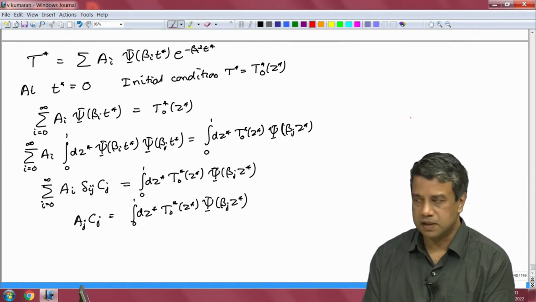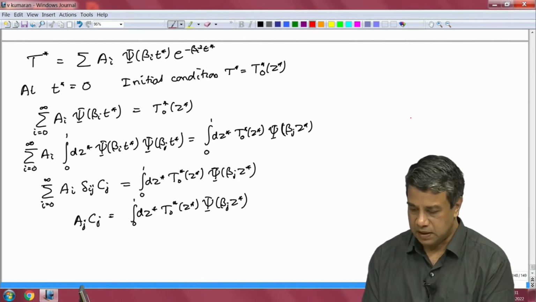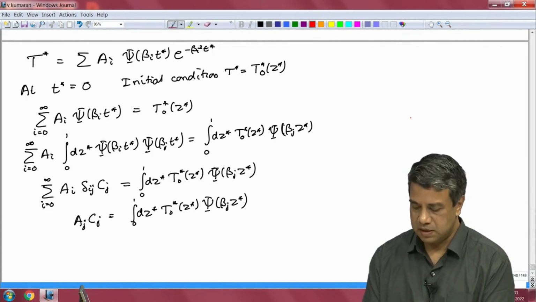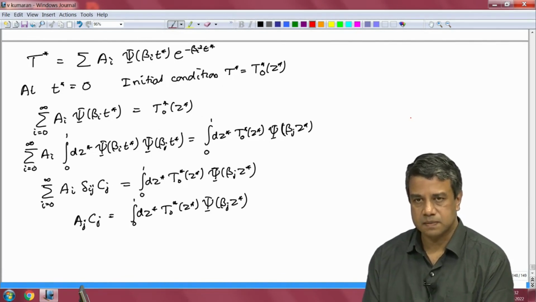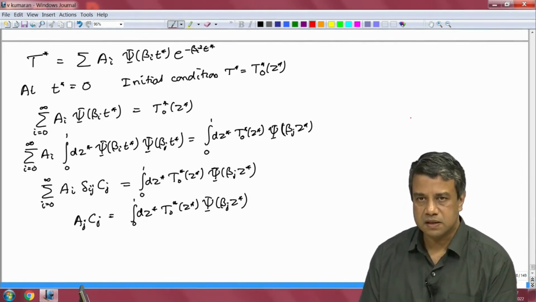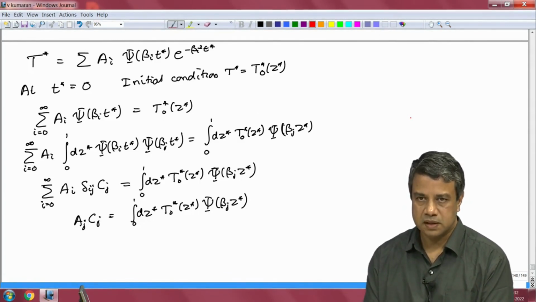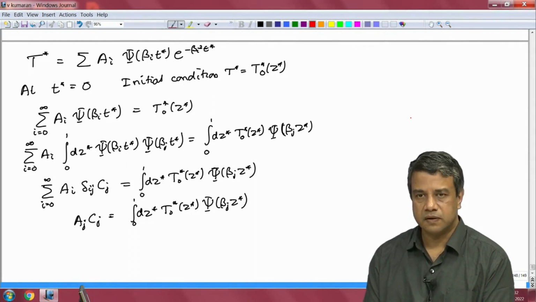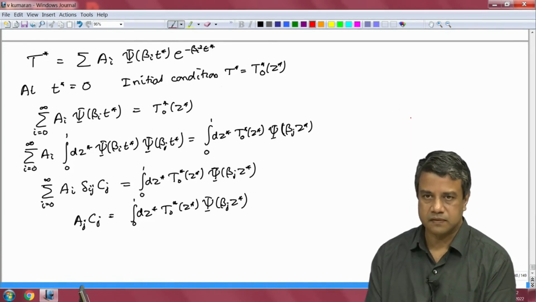This beta i and beta j are what are called eigenvalues, and because it is an eigenvalue problem and the boundary conditions are homogeneous, I am guaranteed that the orthogonality relation holds, and because of that, I can explicitly determine all the coefficients in the expansion. And that is the reason I had emphasized that we have to make sure the boundary conditions are homogeneous in the spatial directions for the time dependent, the transient part of the solution.